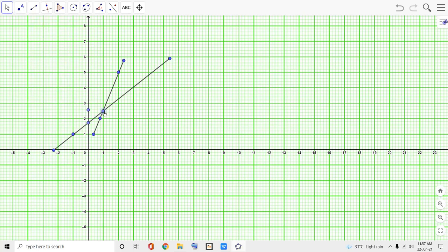Okay. And this point is having x value as 1 and y value as 2.5. So you can see 2.2, 2.4, and this is 2.6, and this is in the middle of 2.4 and 2.6. So it means that this is 2.5. So from this graphical method, we understood that when we solve the two equations, we will get x as 1 and y as 2.5.